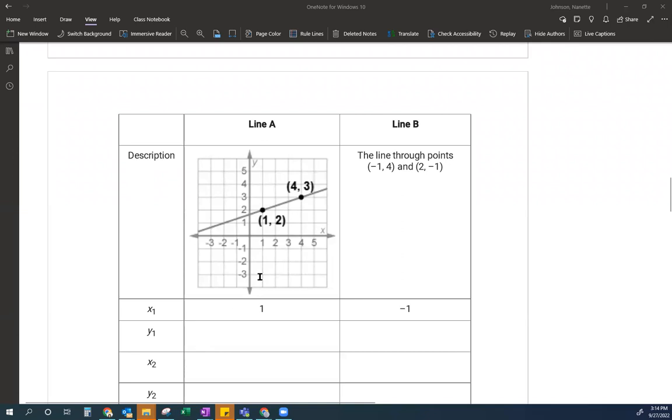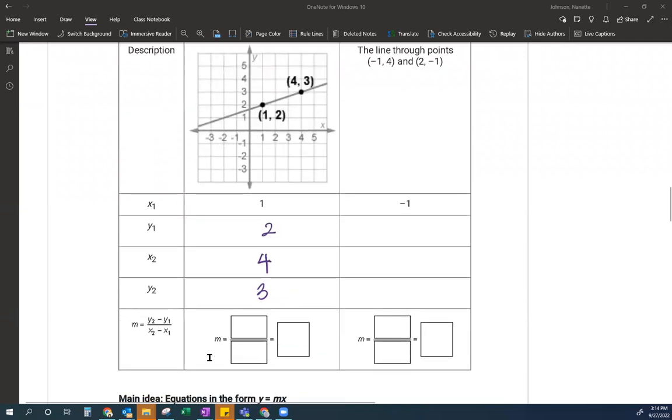And x2 would be 4. And y2 would be 3. And then you plug all these into your formula down here, right? This formula here. So we go y minus y. So we go 2 minus 1 and 3 minus 4.